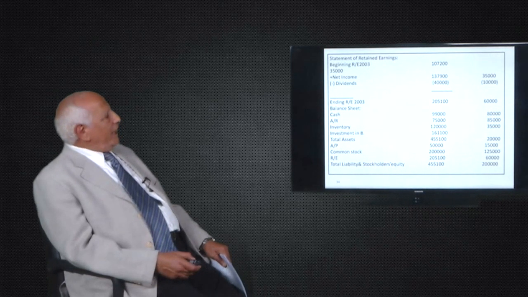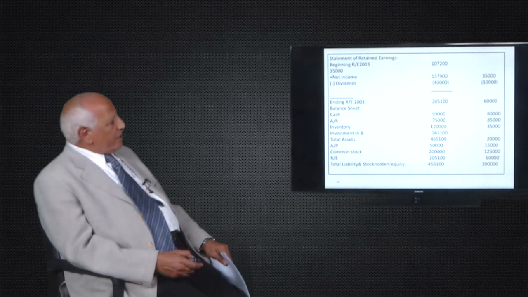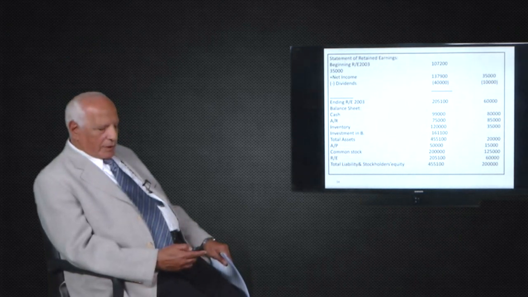And ending retained earning will be for company A and company B. Start with the balance sheet. You start with cash and AR, inventory and investment and total assets, and then liabilities, common stock and retained earning. Okay, we have this here. Need to know how to classify this one.